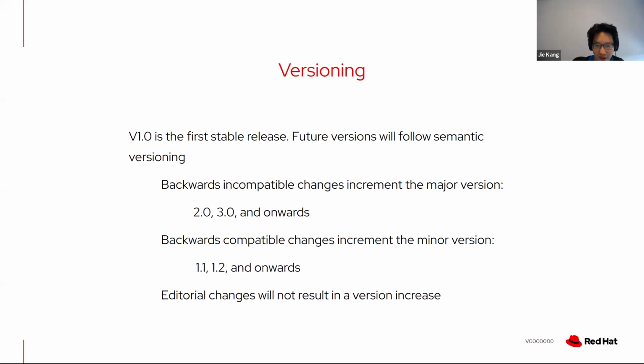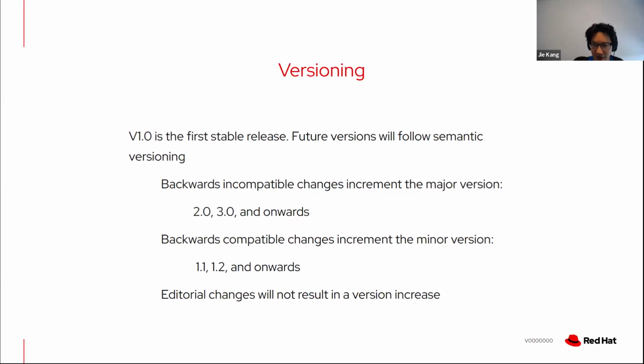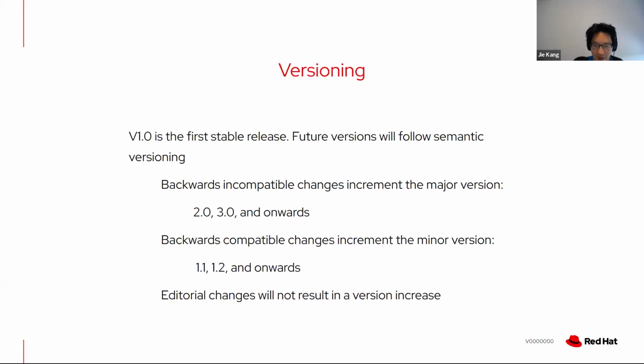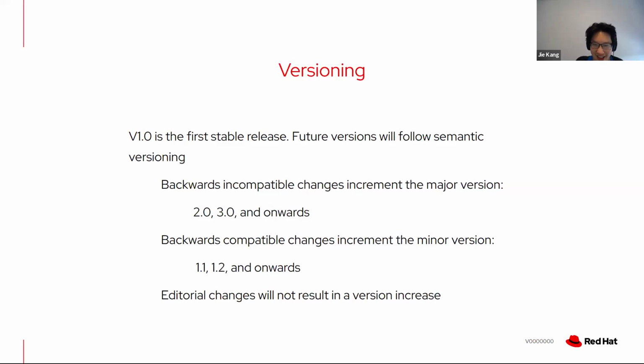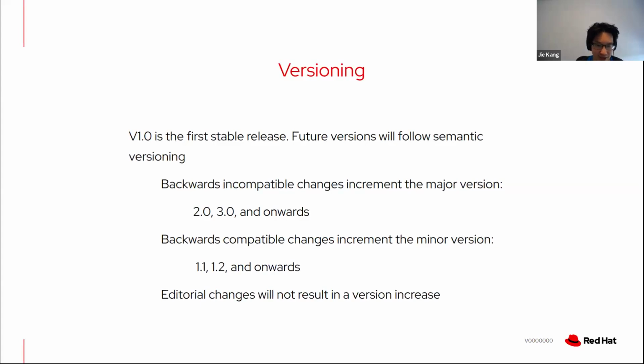Minor versions such as 1.1, 1.2, contain backwards compatible changes, but they also mentioned that editorial changes will not have a version increase. So there's no third component to the versioning, such as 1.1.1. I guess if they update text to fix spelling mistakes or grammar or reword it to be slightly easier to understand, they won't necessarily do a full version release.